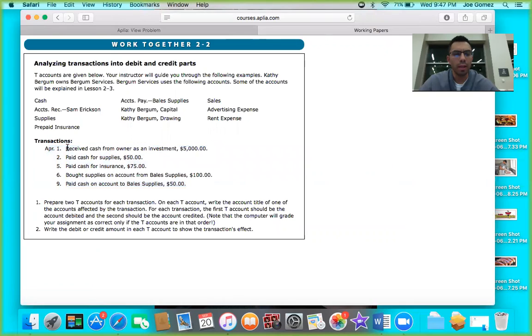When I look at the first transaction, it says I received cash from owner as an investment for $5,000. The two accounts that are affected, based upon the accounts listed up top, are cash and Kathy Burgum Capital. The capital is when the owner invests money.